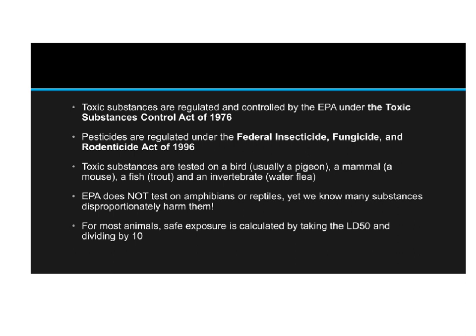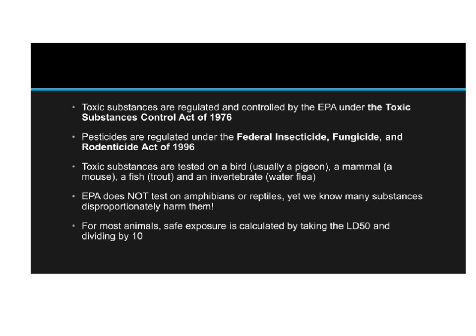Toxic substances are usually tested on 4 organisms: a bird, a mammal, a fish, and an invertebrate. So the bird is usually a pigeon that they test on, a mammal, which is usually a mouse, a fish, which they usually use trout, and an invertebrate, which they usually use water fleas for that.